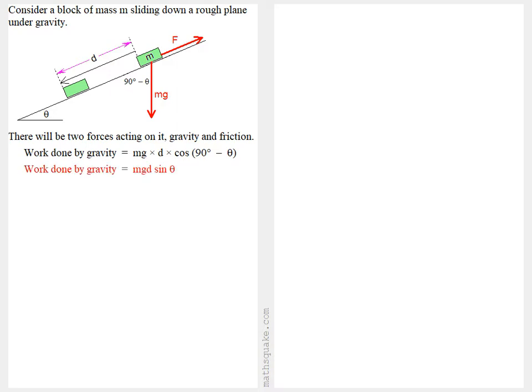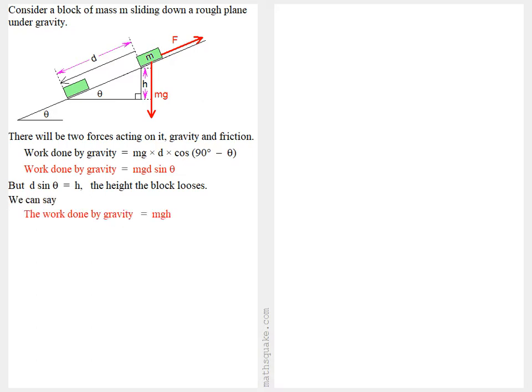Well, that can be written, the work done by gravity is equal to mgd sine theta. But if we look at the triangle underneath the slope, we see d sine theta is equal to h, where h is the height that the block loses as it slides down the slope. So we can say the work done by gravity is mgh.